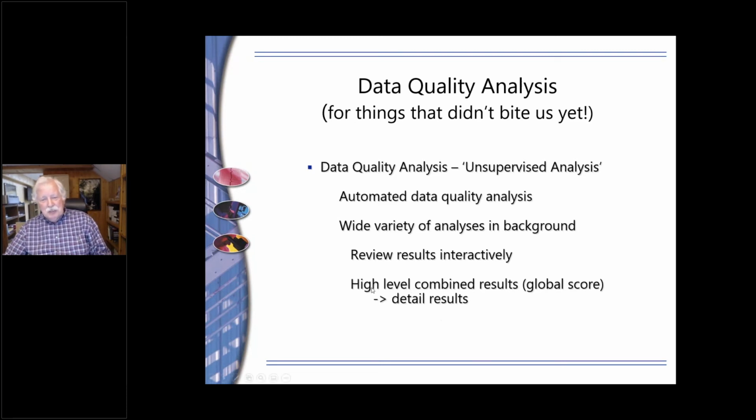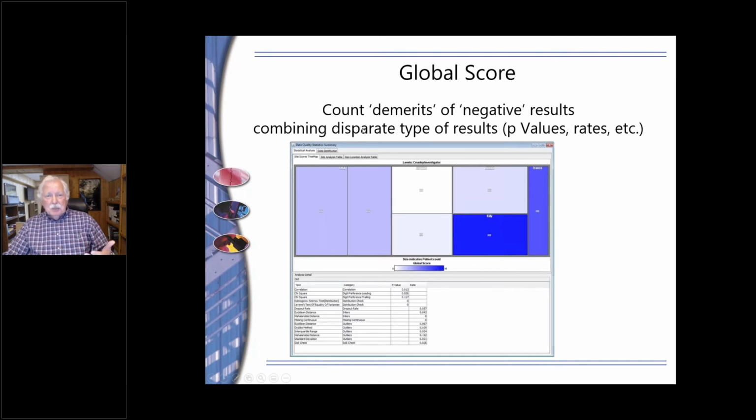So what we came up with is the notion of a global score, which you might think of as demerits, and I hate to use that term. In a sense, after we run a whole battery of the different types of tests, some of them resulting in p-values, some of them resulting in rates, internally we have thresholds of what's considered an area that you would consider potentially negative for any of these tests.